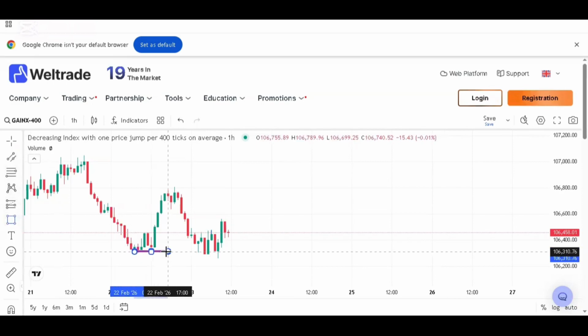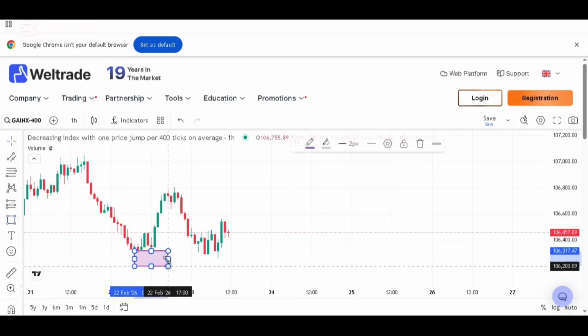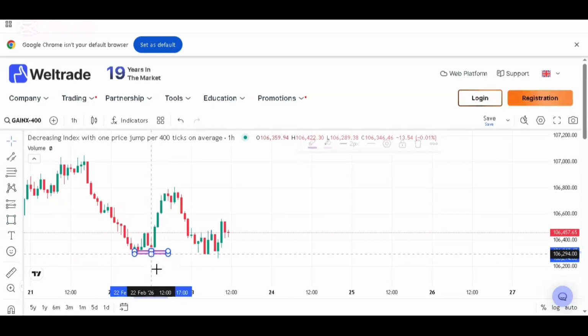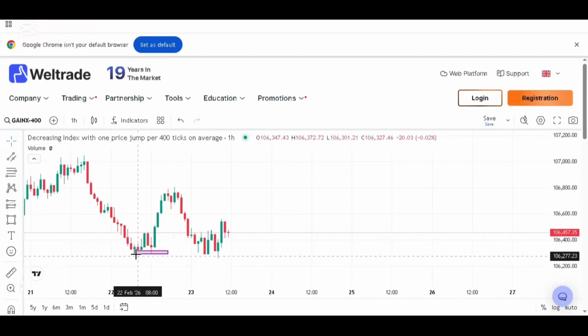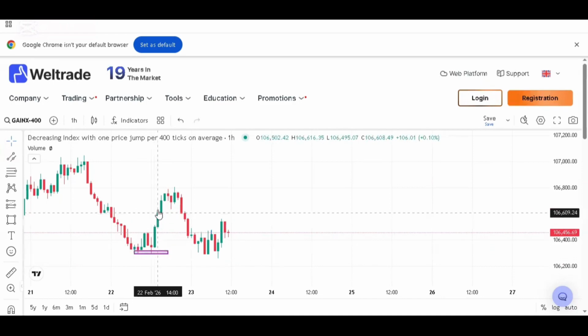Here we are just touching the wicks. Your zone should touch the wicks only because we are now using the H1 time frame. So here we can see that we have wicks where we have some rejection. So we wait for the market to pull back to that zone again. Then we can enter our buy entries here and enjoy the upward movement.